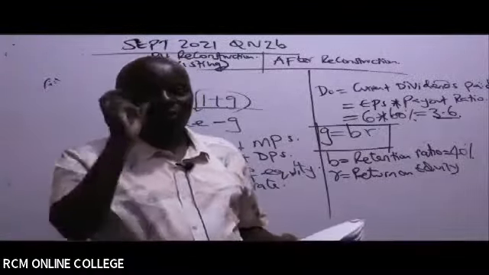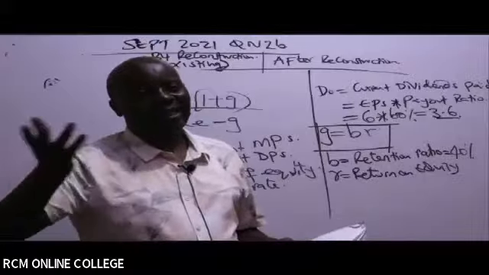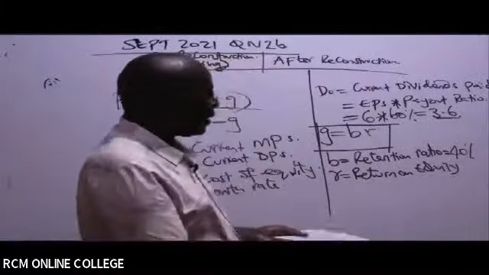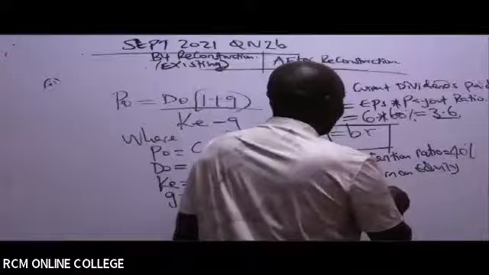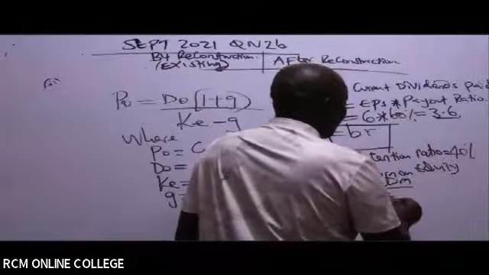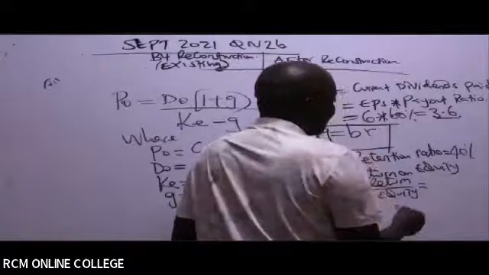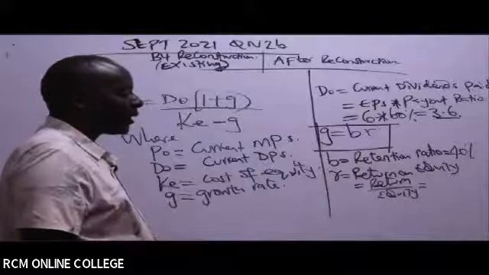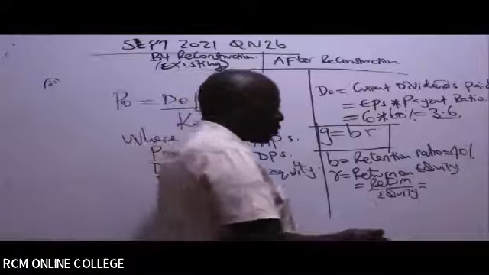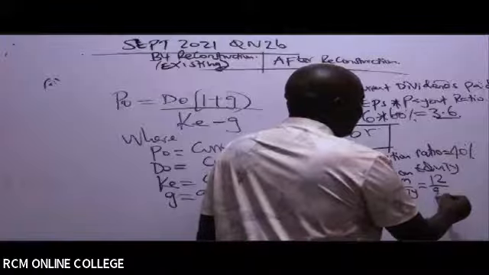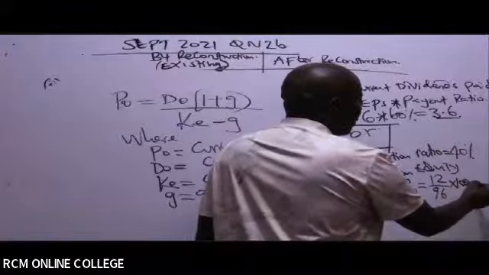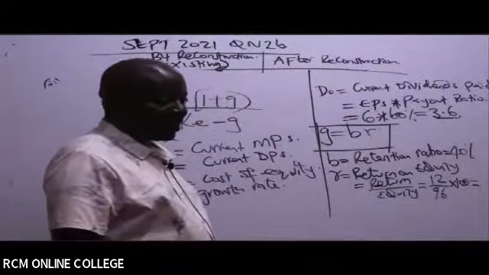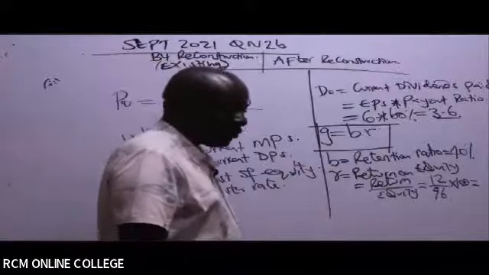Return on equity is the return over equity, where the return could be net income, PAT, profit after tax. Here the return is 12 and the equity investment is 96. If you wish, you can multiply by 100: 12 over 96 times 100 gives us 12.5%.